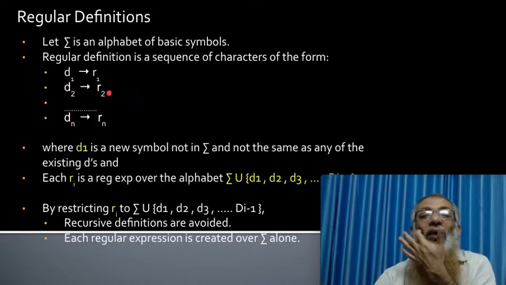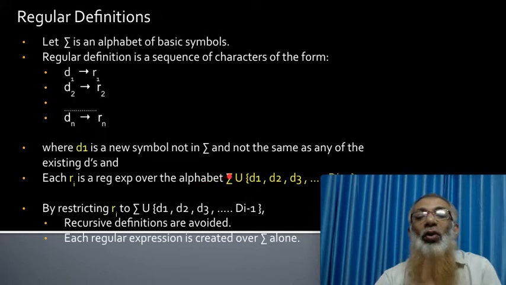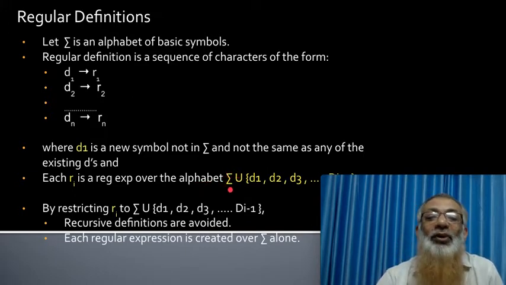Now, what is the composition for each regular expression? Each of these regular expressions will be over the alphabet of the language, union D1, D2 till Dn. Why does D1 also belong to the set of alphabets for REs?